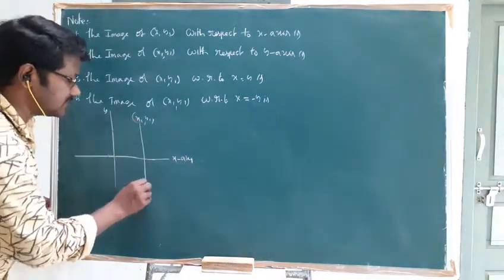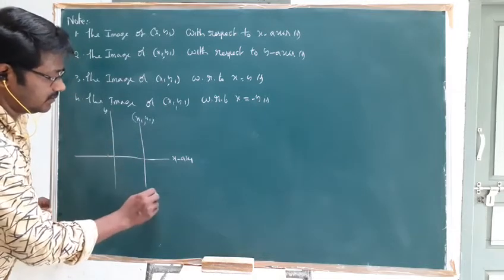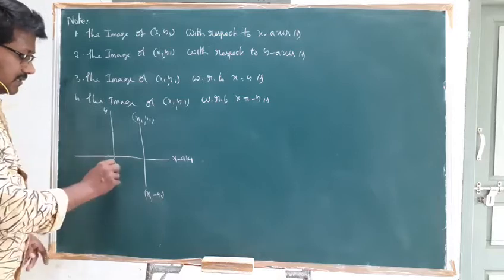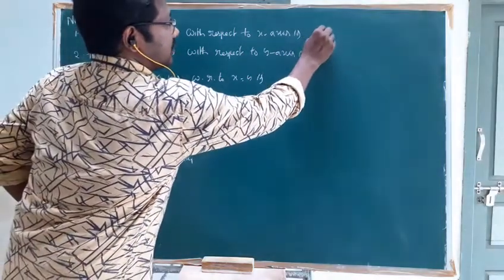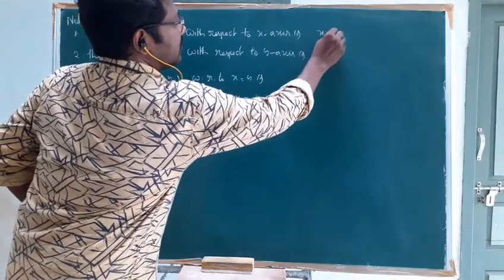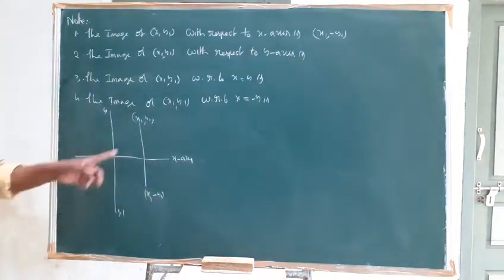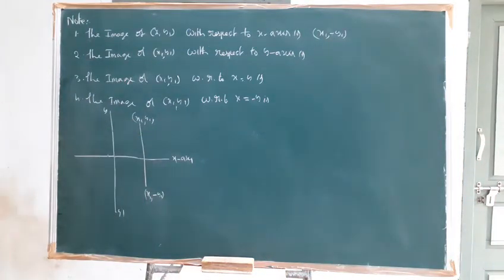What is the image here? x1 is same, y1 becomes minus y1, the y-axis negative direction now. So x1 comma minus y1. This is the answer. Image of x1, y1 is x1 comma minus y1.